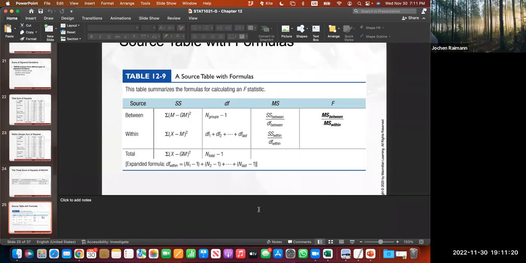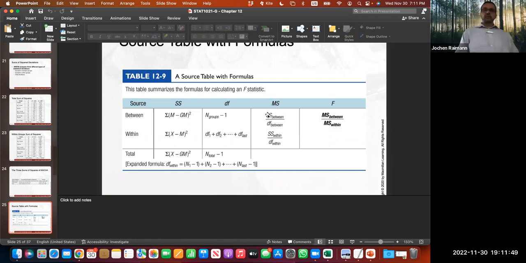You get the degrees of freedom: the number of groups minus 1 gives you the between groups degrees of freedom. Then here the degrees of freedom of each individual group summed up, and the total degrees of freedom is the n total minus 1, which is, we had 13 participants, and 13 minus 1 gets you 12, which is the same as 3 plus 4 plus 9.